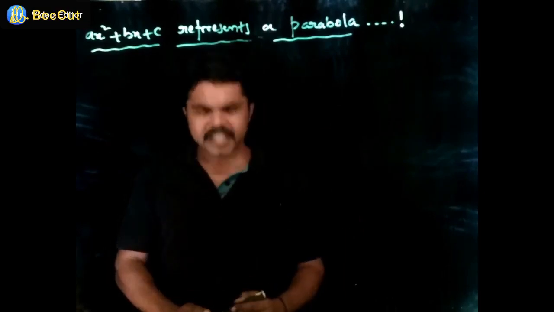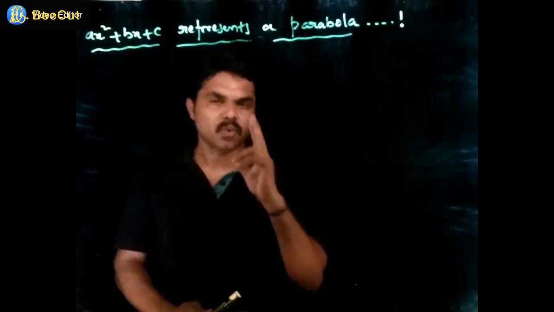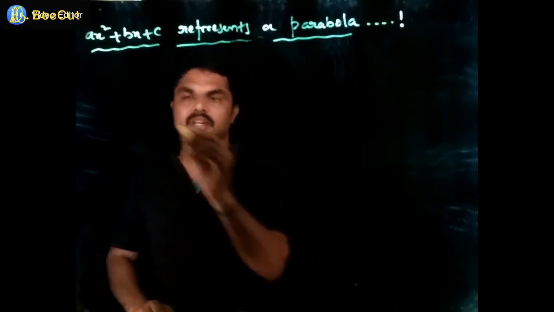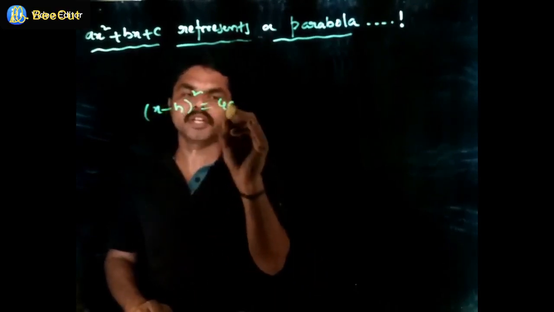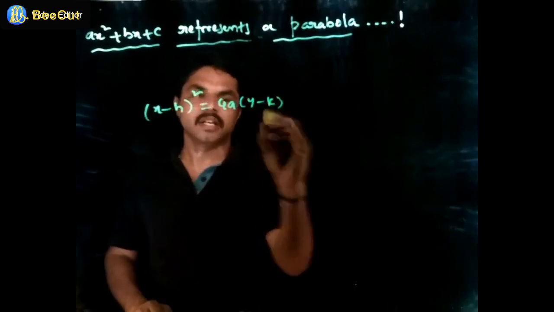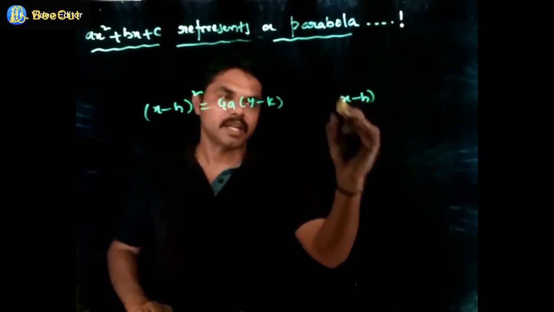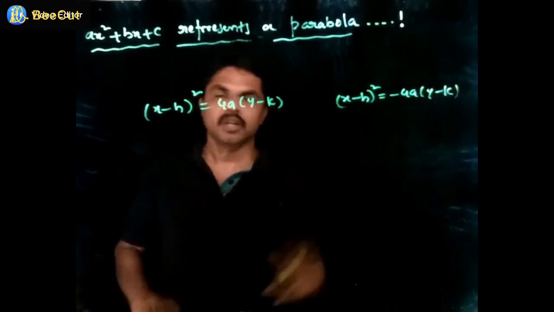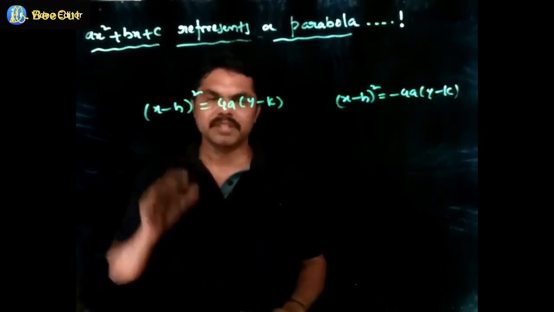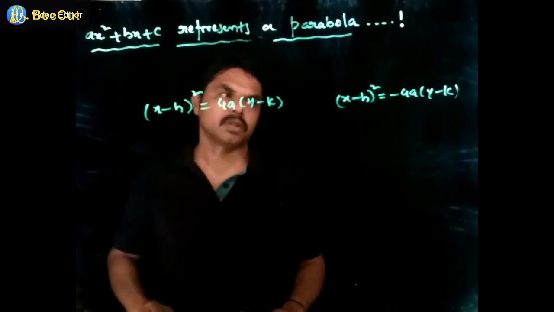Out of these 8 forms, I am going to discuss only 2 forms: x minus h whole square is equal to 4a into y minus k, and x minus h whole square equal to minus 4a into y minus k. I want to explain briefly about these two curves.